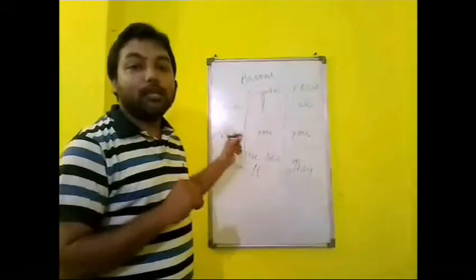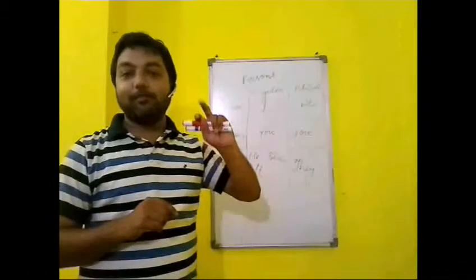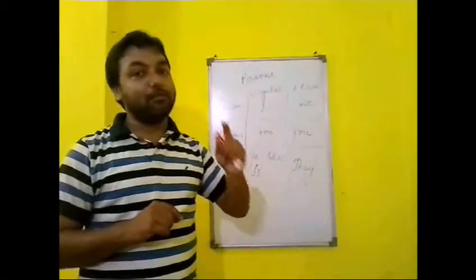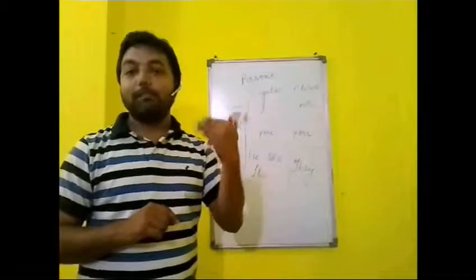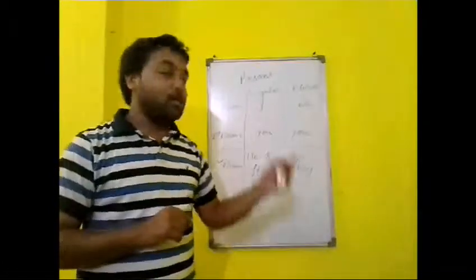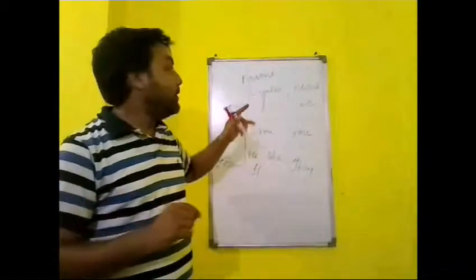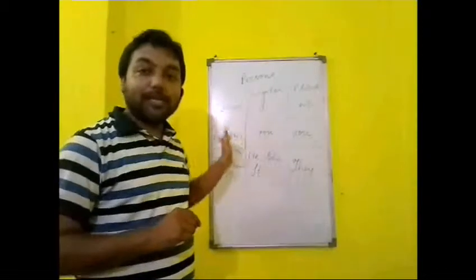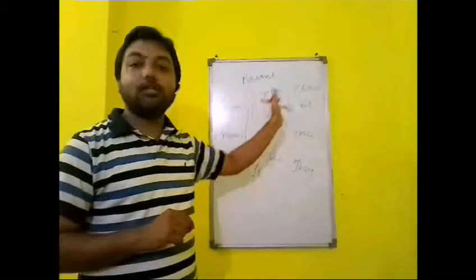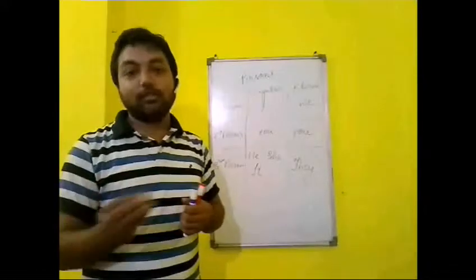Then the most important thing, the forms of verb: present form, past form and past participle form. Present form is verb 1, past form verb 2, past participle form verb 3. Then we learned about the different persons, first person, second person, third person, and their singulars and plurals. This is the first class, an introduction to tense.